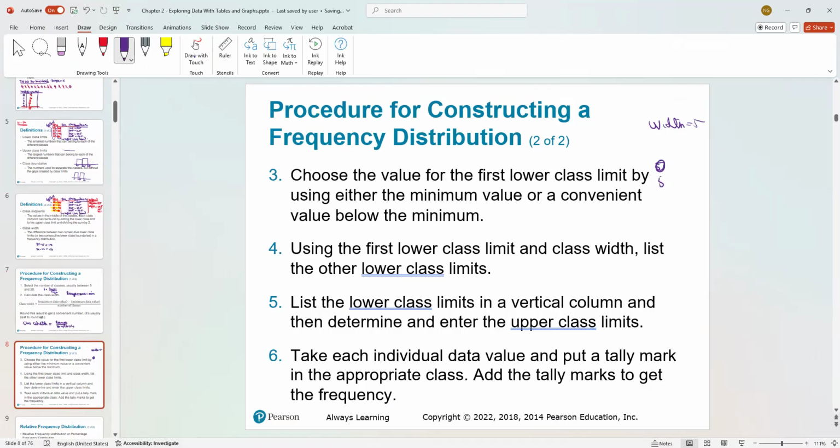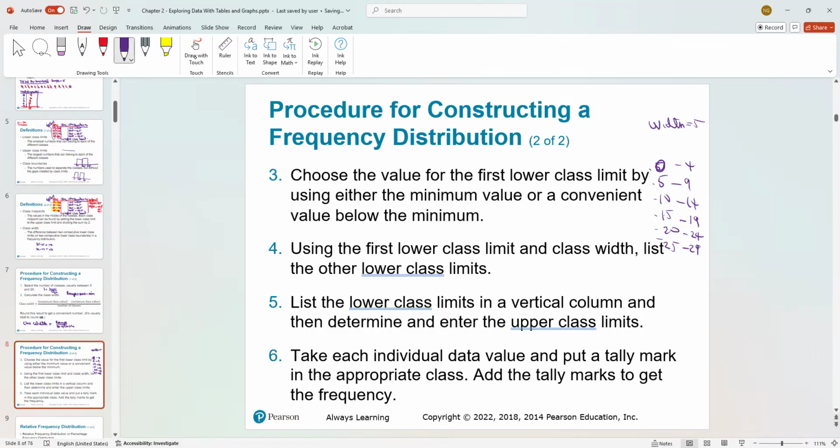The next one would be 5, so this upper limit would be 4; then 10, so this one would be 9; 15, so 14; 20, so 19; 25, so 24, and 29. So that would be 1, 2, 3, 4, 5, 6. So the number of classes in this random data set would be 6 classes.